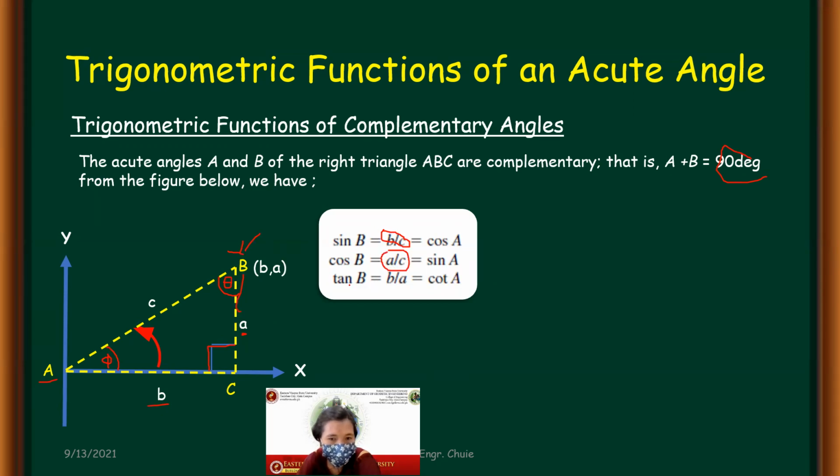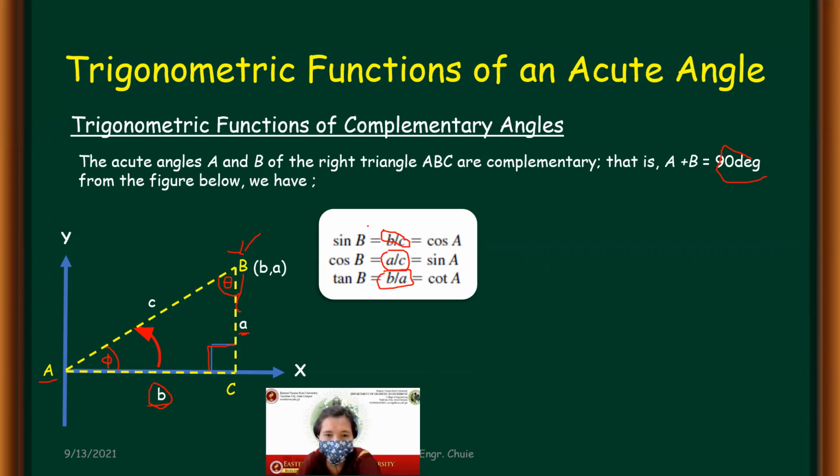For the tangent of B, that is TOA, which means tangent of the angle is opposite over adjacent. Since the opposite of B is small letter B and the adjacent is A, we have tangent B equals B over A. Okay.